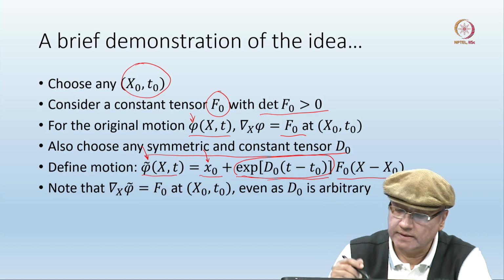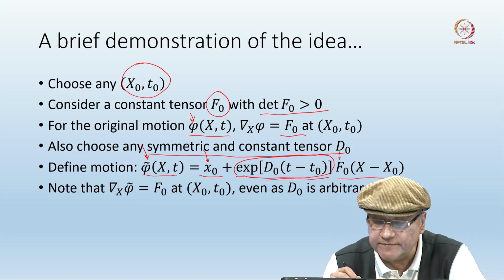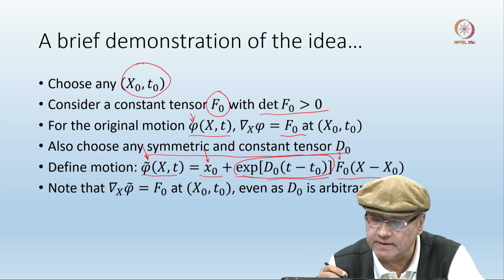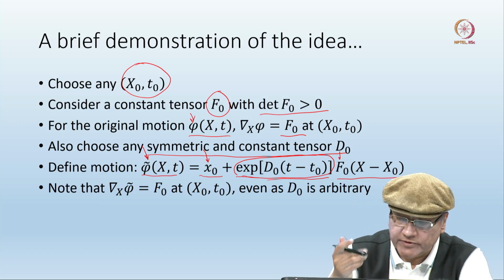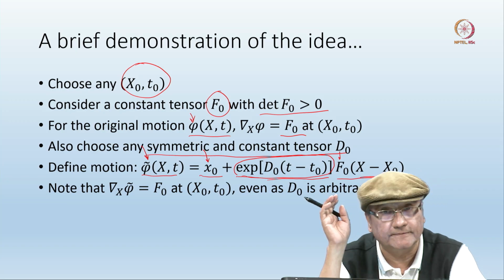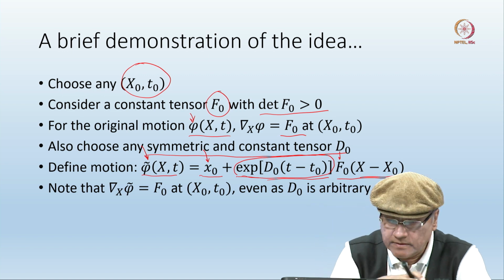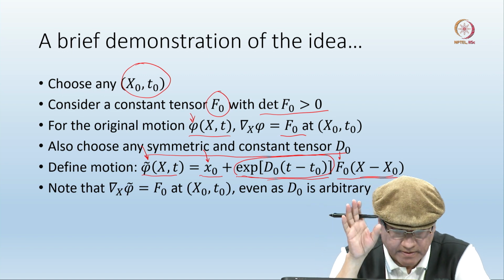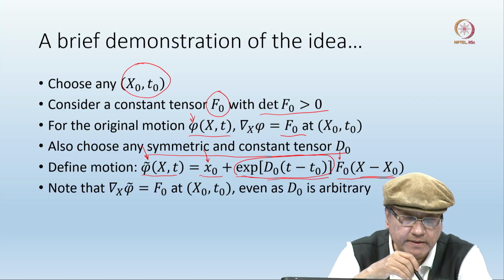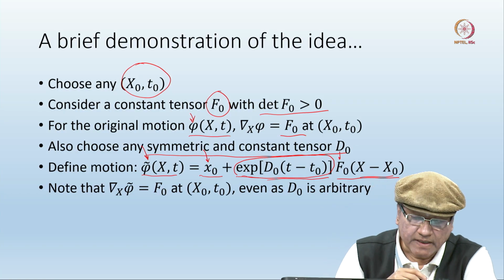That is multiplied by f0, which is also a 3 by 3 matrix. The result is also a 3 by 3 matrix, that is multiplied by x minus x0, which is a vector. So the result is a vector. You must see these connections such that the terms in the expression all become consistent.